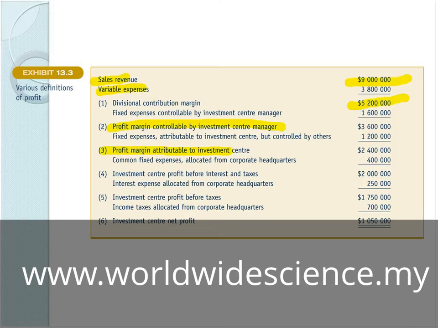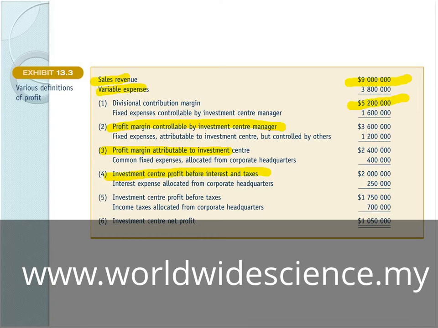It's after all common fixed expenses allocated from the corporate headquarters. We have the fourth, investment center profit before interest and taxes. You remember, this is the same as the income statement. You remember, we prepared the income statement. We got some gross profit, that is sales minus expenses, right? And then we get the net profit after deducting all the depreciation, taxes, interest. So this is the same as we do with the investment capital project.